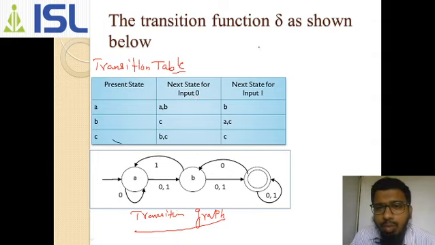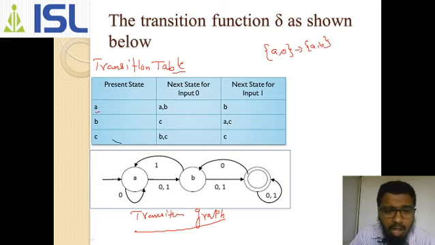We represent it as A comma 0, which gives AB. Means for state A, if the input is 0, the answer we are getting is A, B. Let's see in the transition graph.